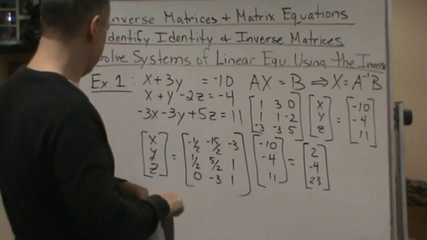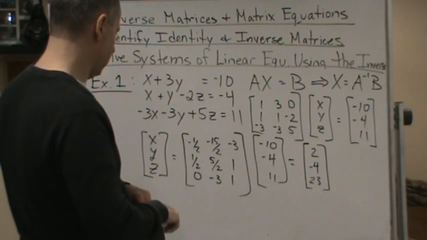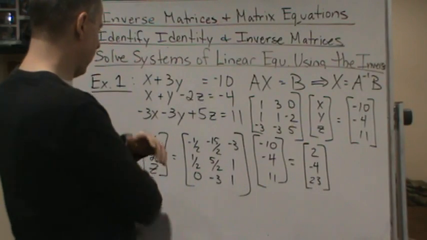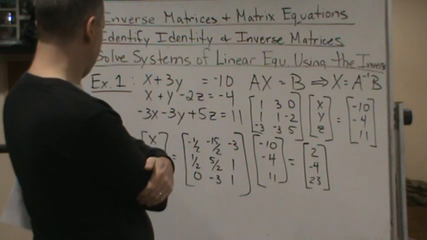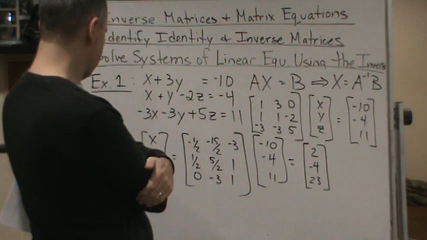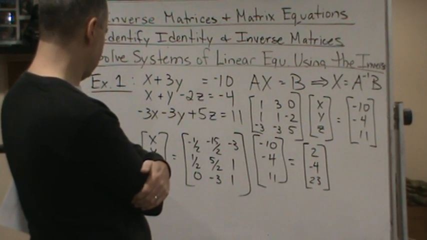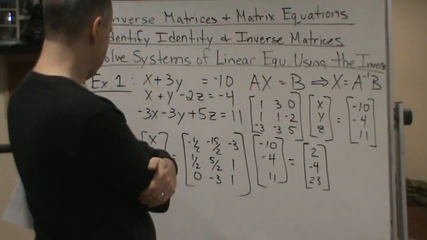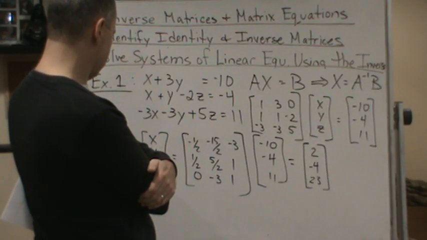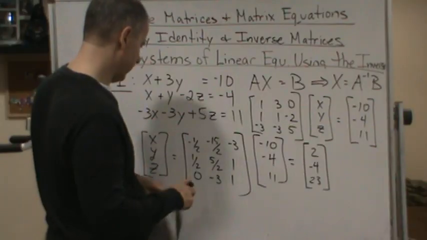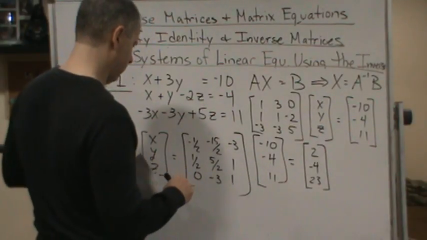Oh, I'm sorry. Yeah, that's right, hold on. So that worked for that one. 2, negative 4, negative 2, and then 6. Oh, I did something wrong. Hold on a second here. Let me go back.